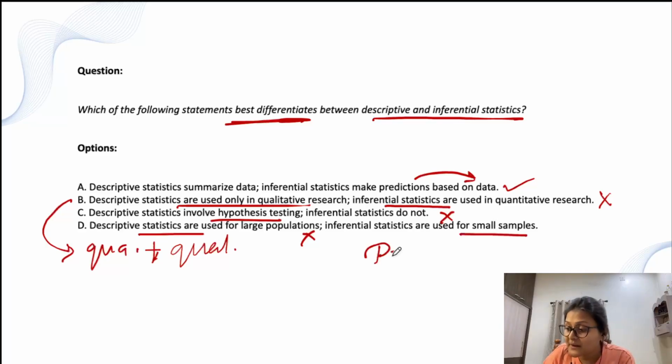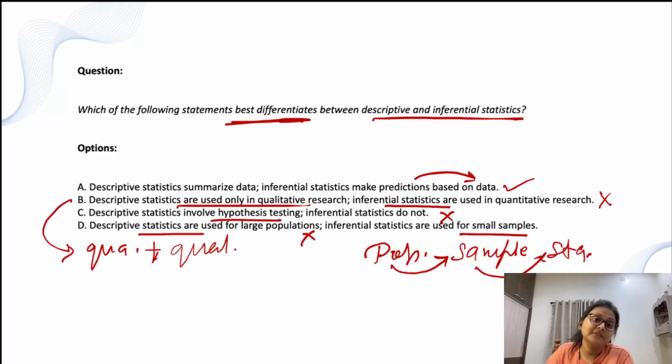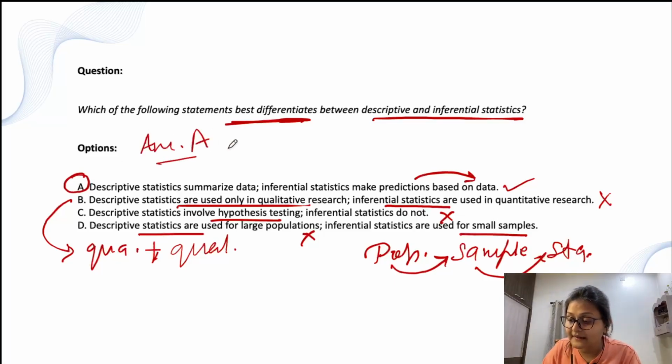A population is collected, then from the population a sample is drawn, and then from this sample the inferences are drawn. So this part is right, but the first part is wrong. So we get the answer: option A is right. Descriptive statistics summarizes the data, whereas inferential statistics makes predictions based upon the data.